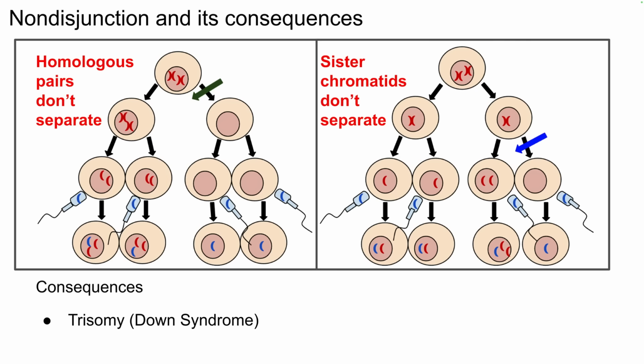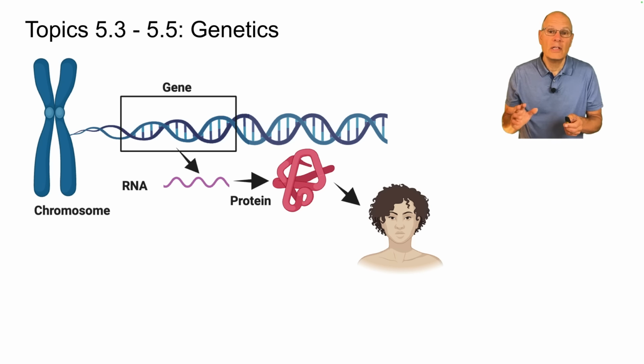That's the cause of Down syndrome. Or there can be a monosomy, where instead of a homologous pair, there's one chromosome. I believe that's only survivable in the sex chromosomes, the X chromosome in mammals, and that causes a condition called Turner syndrome.